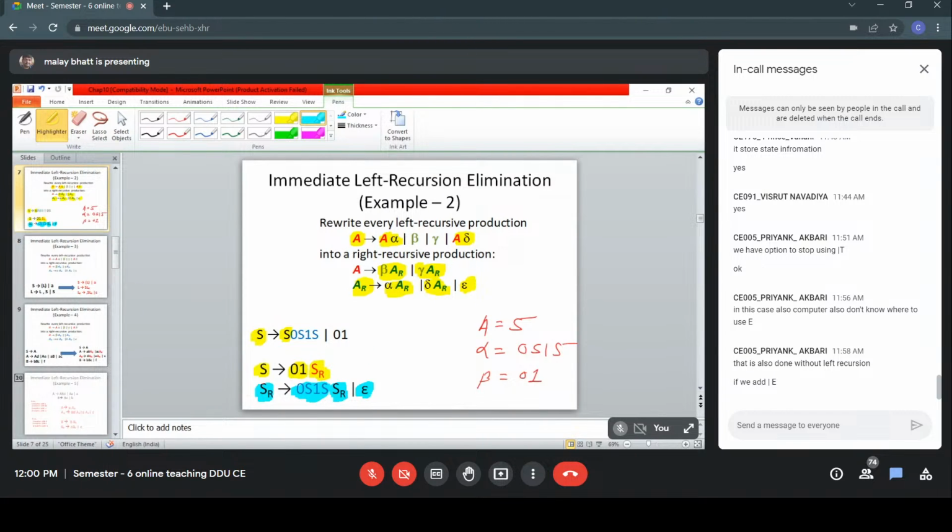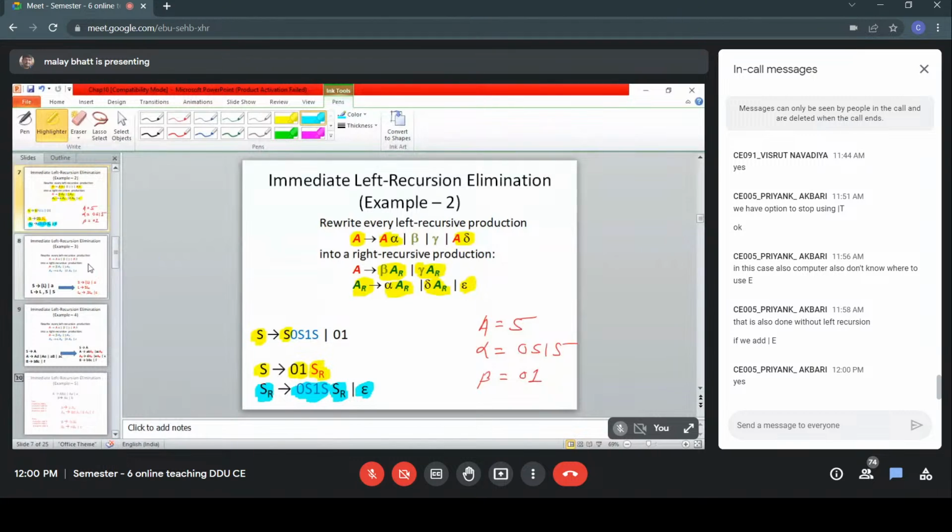So any query in this second example? Is this clear? Okay, there is one query. This is also done without left recursion if we add E. Okay, I think you are talking about the previous example, where you want to add E. Again it will add the left recursion, nothing else.